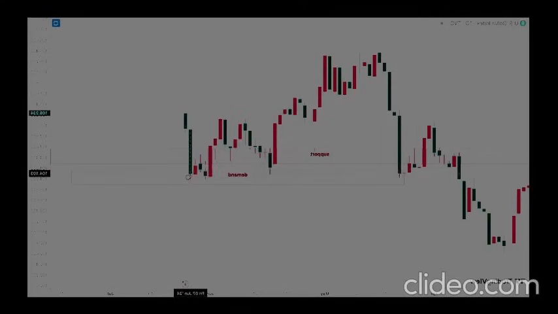So that is not bad, because we can look for other entries, other opportunities inside this USD, dollar index.